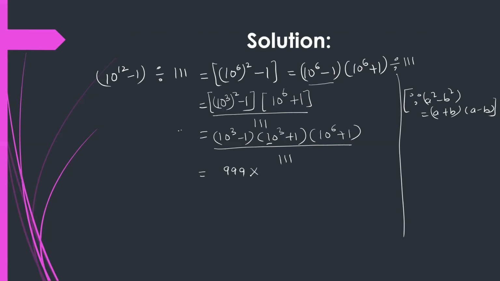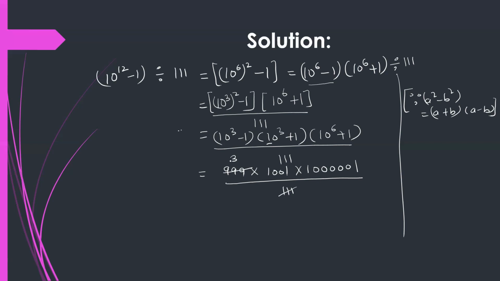Multiply by 10 to the power 3 plus 1, 1000 plus 1, which gives you 1001. Multiply by 10 to the power 6 plus 1, 1 followed by 5 zeros and 1. This is divided by 111. Let's simplify.